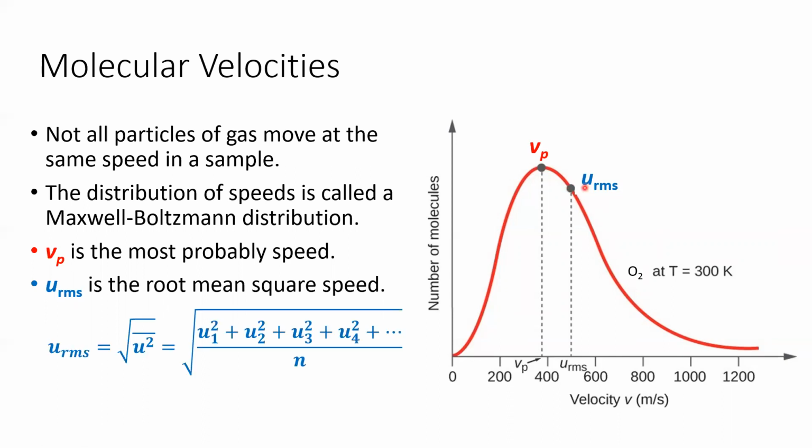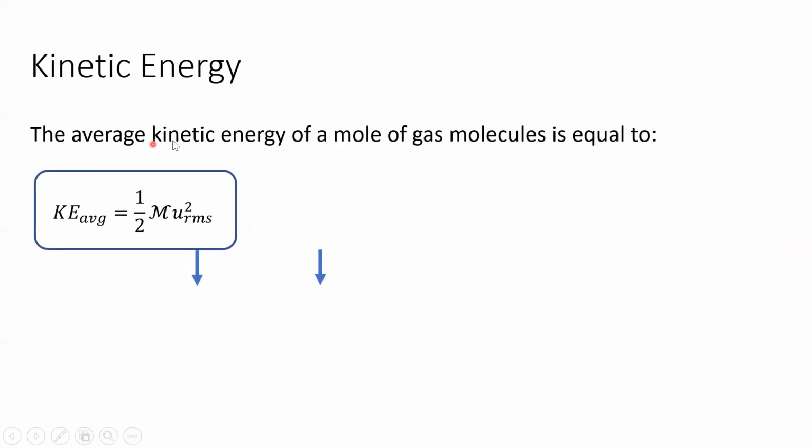And when we go to calculate the root mean square velocity, it's the root mean square velocity for all of the particles divided by the number of moles of gas. Not an equation you need. The average kinetic energy of a mole of gas can be calculated.